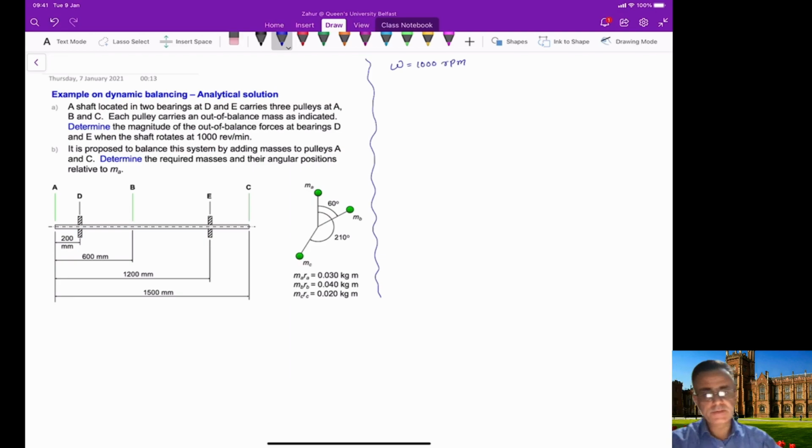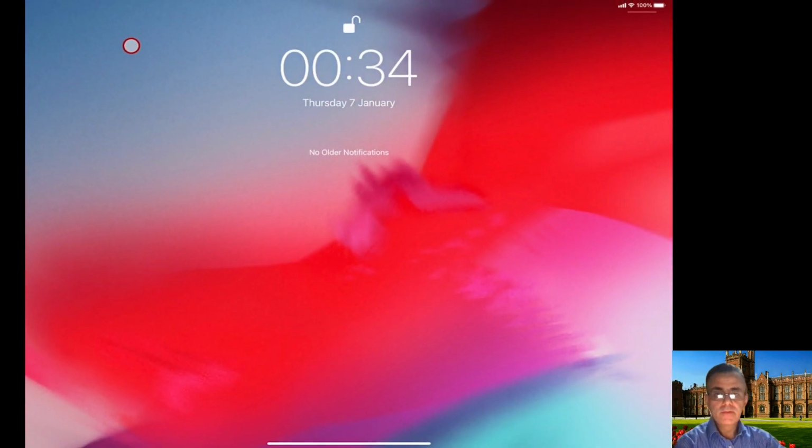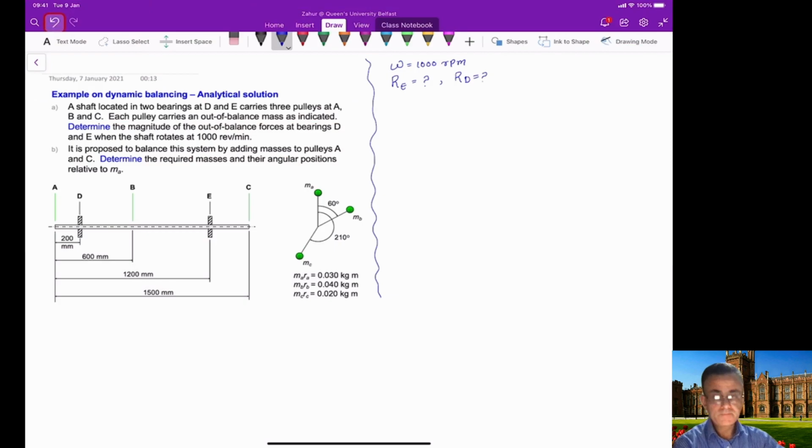What you need to calculate is RE, which is the reaction force at location E, and you also need to calculate the reaction force at position D here.